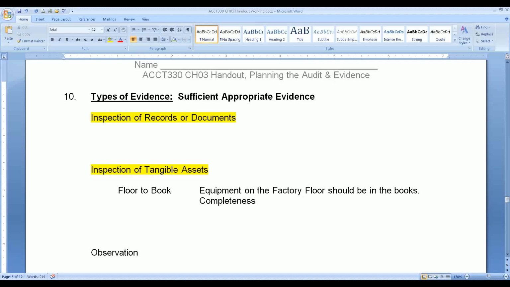You know, is everything in there? Book to floor. You'll take some items that are on the books.